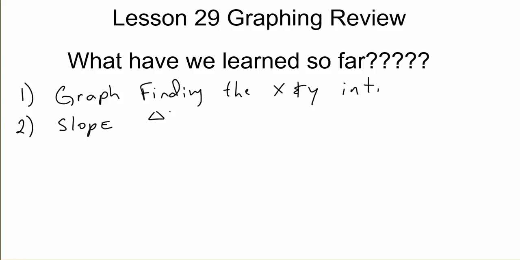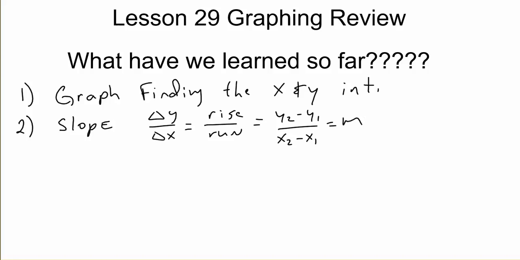Remember, change in y over change in x. We called that rise over run. We had a fancy equation, y2 minus y1 over x2 minus x1. We said that was also denoted by the letter m.